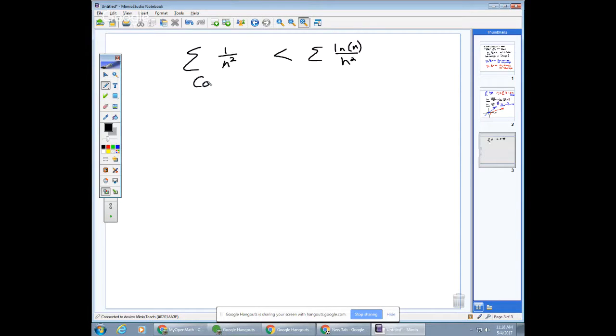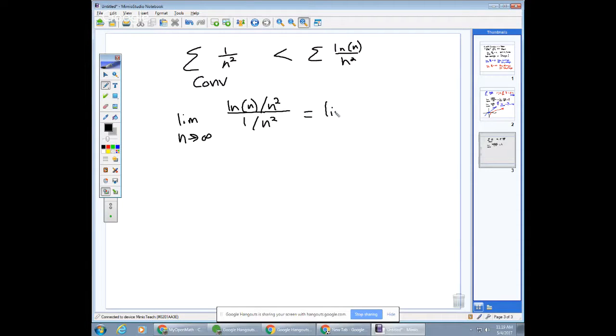So I have a convergent series below an unknown series, which means a direct comparison wouldn't be useful there. That's why we have the limit comparison. All right, let's try it. Limit as n goes to infinity of the natural log of n over n squared, all divided by 1 over n squared.